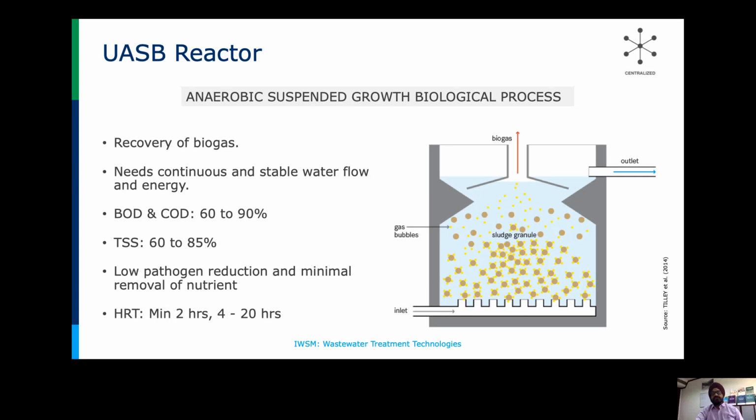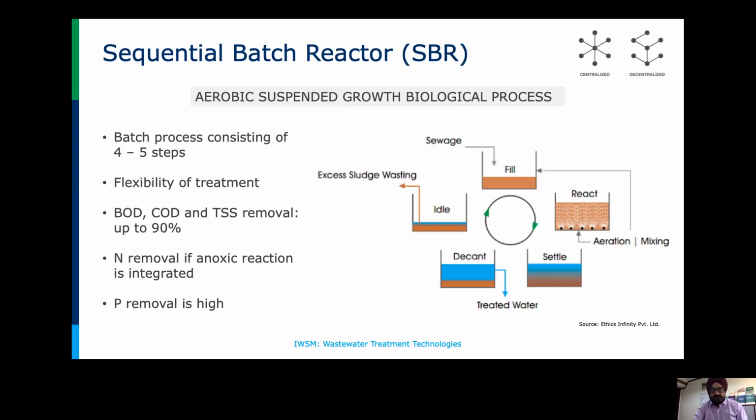So that is the only difference, that it captures gas, and therefore it has a retention time, because to generate gas you need to retain it. So the minimum 2 hours is required, and it can be even longer depending upon the size of the tank.